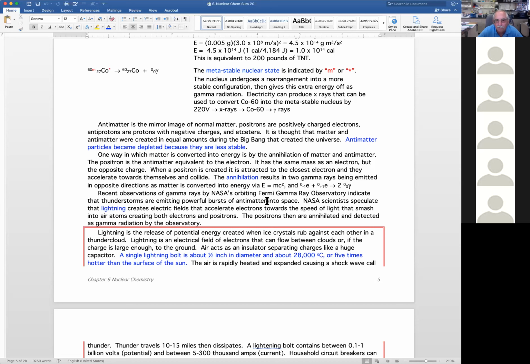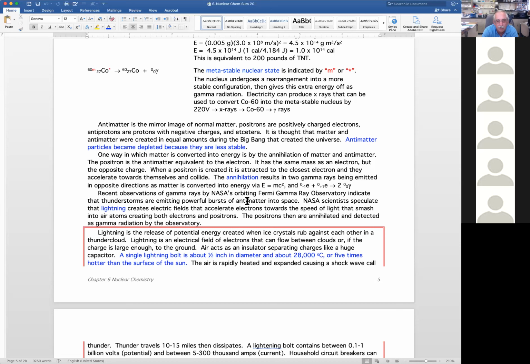But then when they started paying attention to it, what they found is that every time they got a gamma ray coming from Earth, there were lightning storms happening below the satellite. So now they believe that lightning creates huge electric fields that accelerate electrons towards the speed of light.